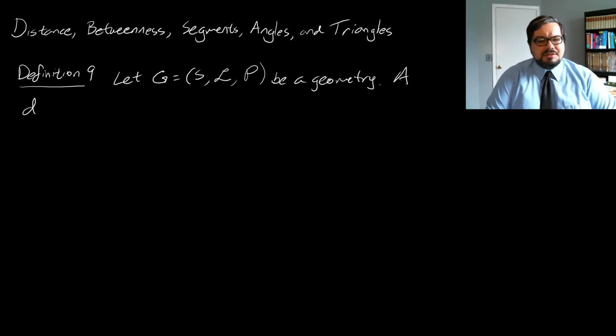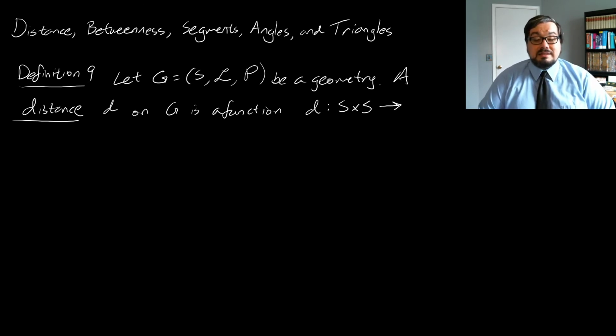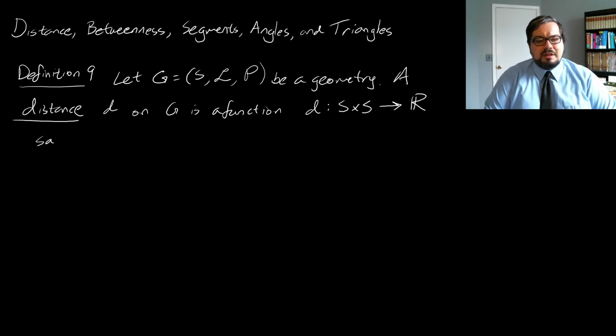A distance D on G is a function D which goes from S cross S. So it's going to take 2 points as inputs and it's going to give a real number as an output. And it has to satisfy 3 axioms.